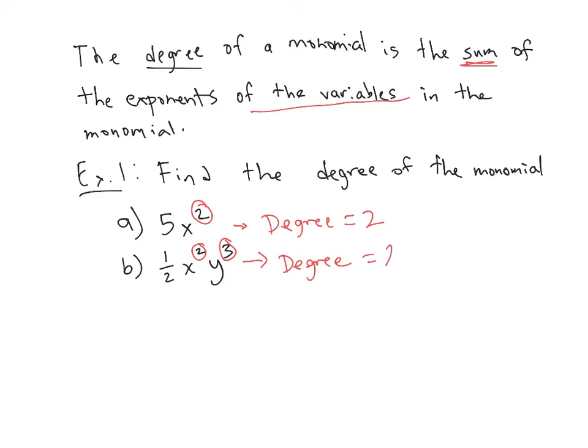So my degree would be 2 plus 3, which ends up being 5. Couple more if I have like 8xy squared. This can be tricky because we have an invisible exponent on x. X, again, if we just have an x, that would be x to the 1. So I really have 1x and the 2 y's. So my degree would be 1 plus 2 equals 3.